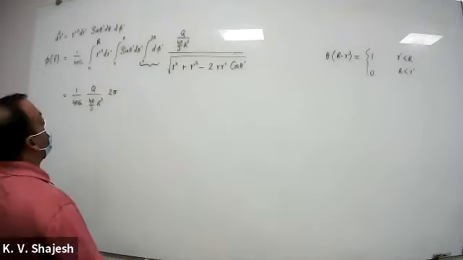Let's try to do the theta integral. Whenever this kind of integral comes, notice that derivative of cosine theta is sine theta. So it is good to substitute cosine theta to be something. But in this case, we can as well substitute the whole denominator to be something. So this is r square plus r prime square minus 2 r prime cosine theta prime.